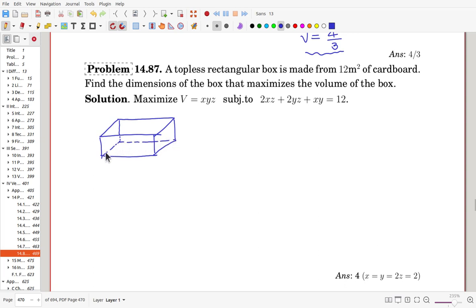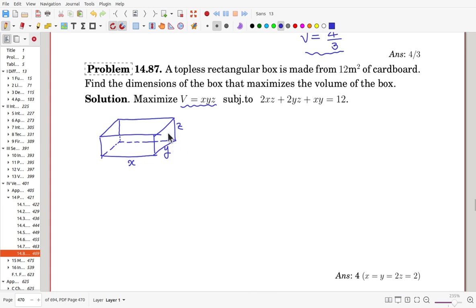If the sides are x, y, and z, then the volume is xyz, and the total surface area must be 12. Here, xz is the front side, and another one is the back side, so twice the front side.